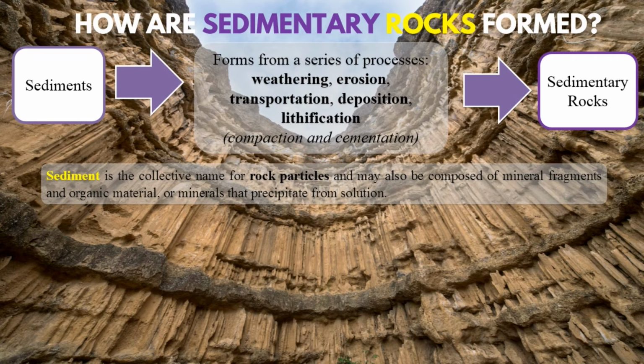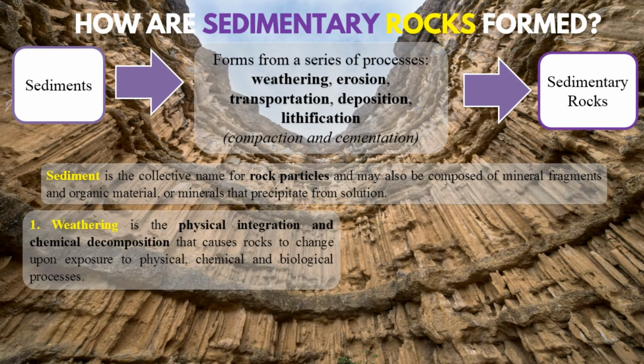With regards to the series of sedimentary processes, what are these processes? What's the difference in each process? Let's define each process. When we say weathering, it refers to the physical disintegration and chemical decomposition that causes rocks to change or break down upon exposure to physical, chemical, and biological processes.